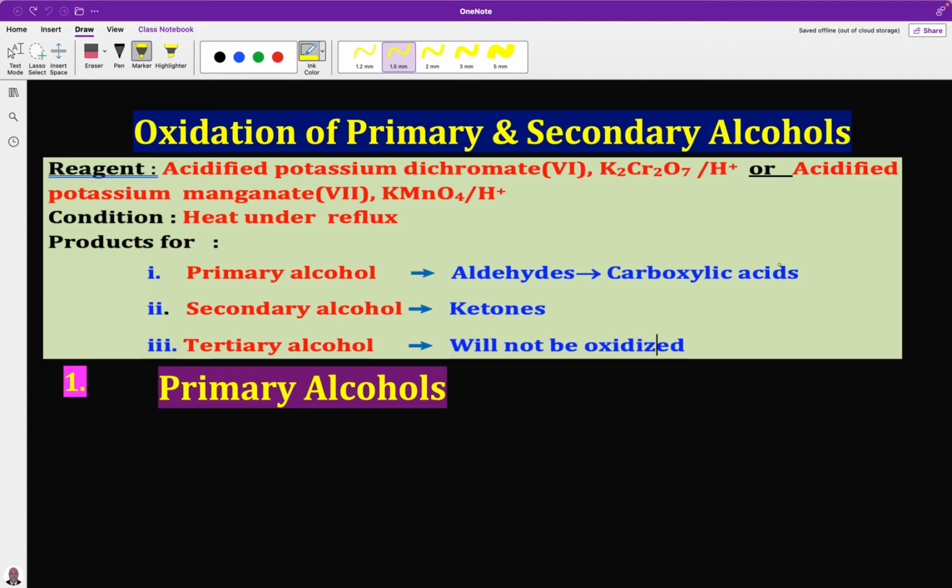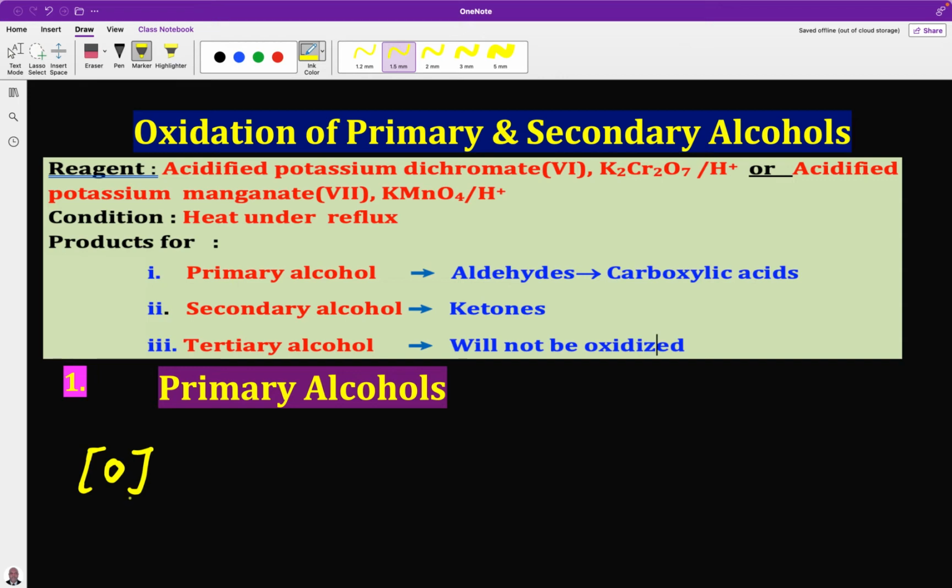In this oxidation reaction of primary and secondary alcohol, we will be using some symbols like this, oxygen in square brackets.